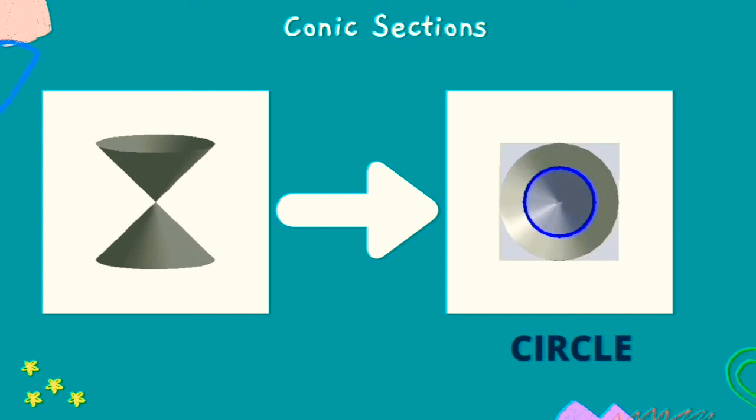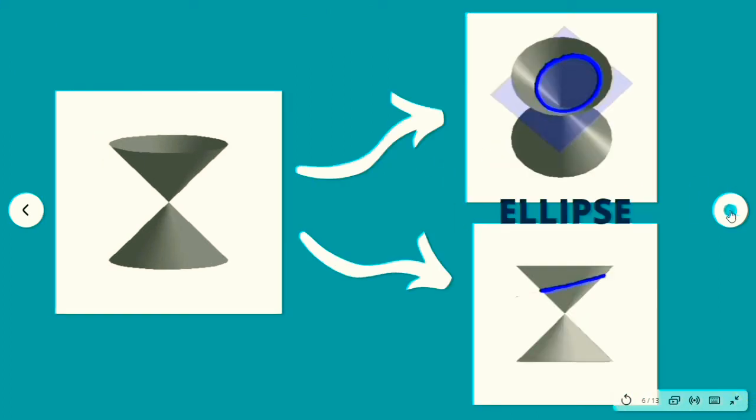In this topic, we study the conic section, literally sections of cones. Imagine a double-napped cone, as seen here, being sliced by a plane. If we slice the cone with a horizontal plane, the resulting curve is a circle. Next, when we tilt the plane ever so slightly, it can produce the ellipse.